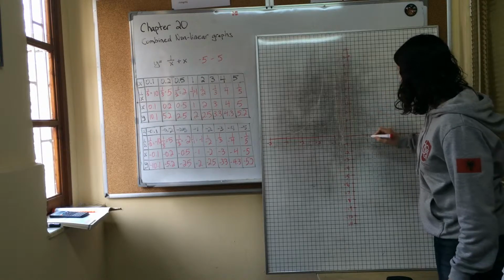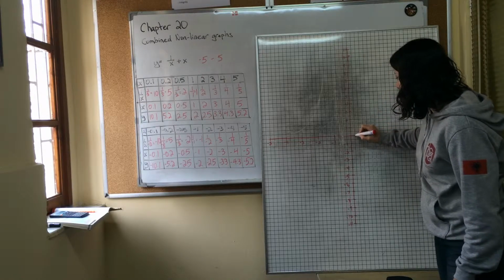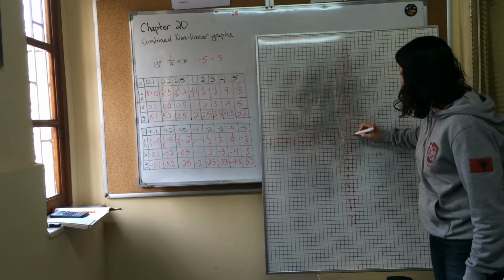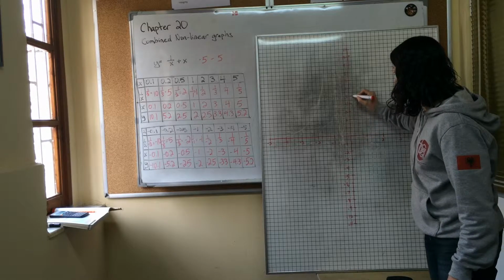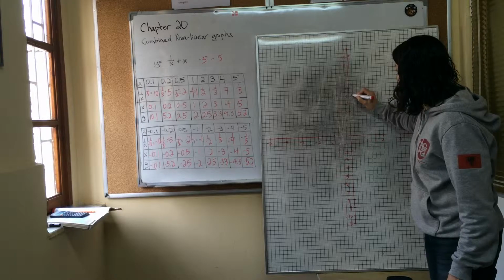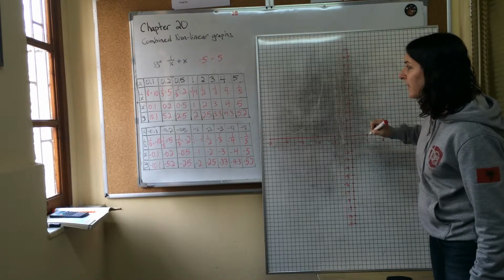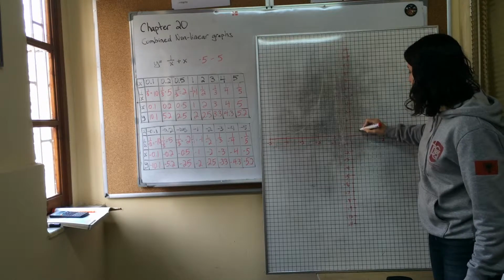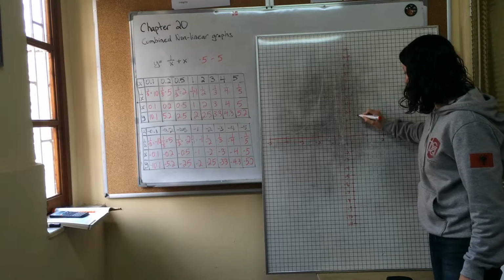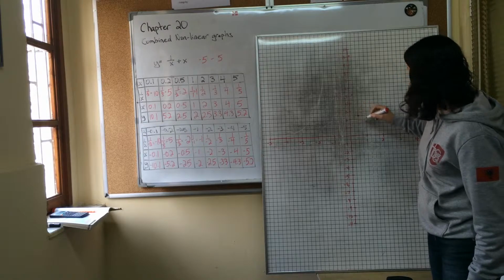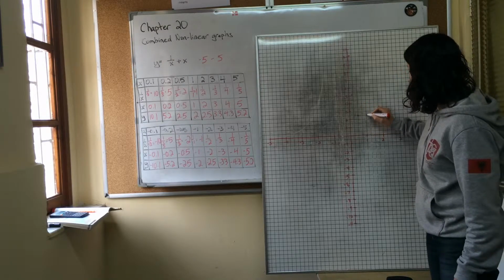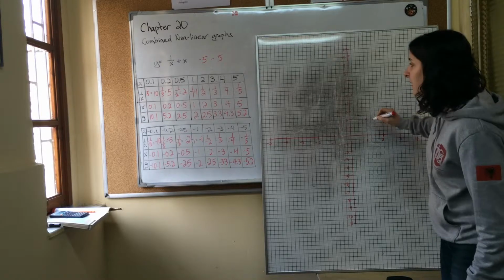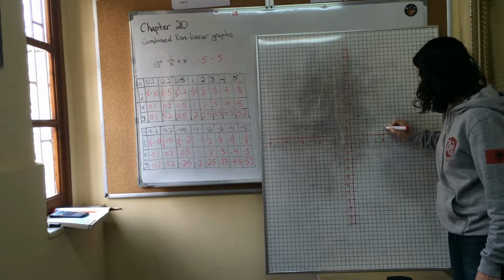Then we have 0.2, which is almost at my line, goes to 5.2. So we'll say it's about almost halfway there. Then 0.5, so that's going to be my middle line. It goes to 2.5, which is nice and even on the line. 1 goes to 2. 2 to 2.5.